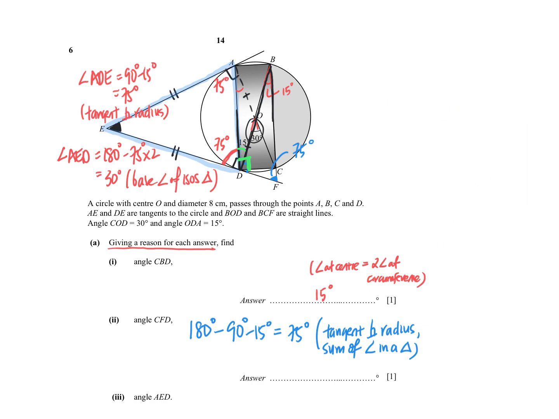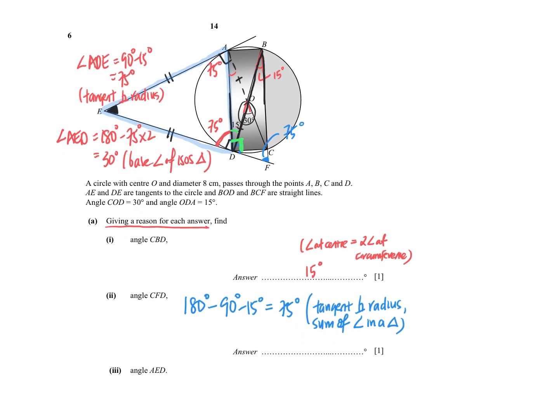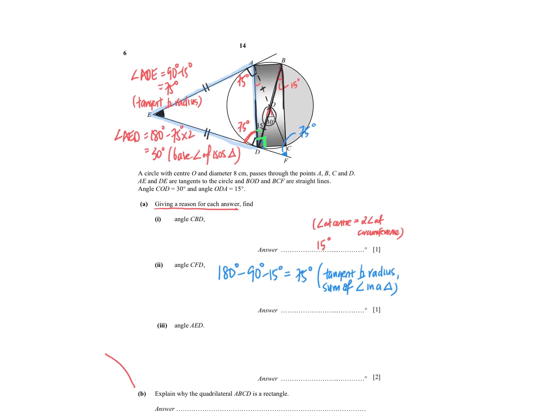Therefore ABCD must be a rectangle. So you got one parallel line here and you have proven that this is 90 and these two are also 90. So it must be a rectangle. But then again, this is the type that they want you to check. Okay, let's see length of major arc BA.